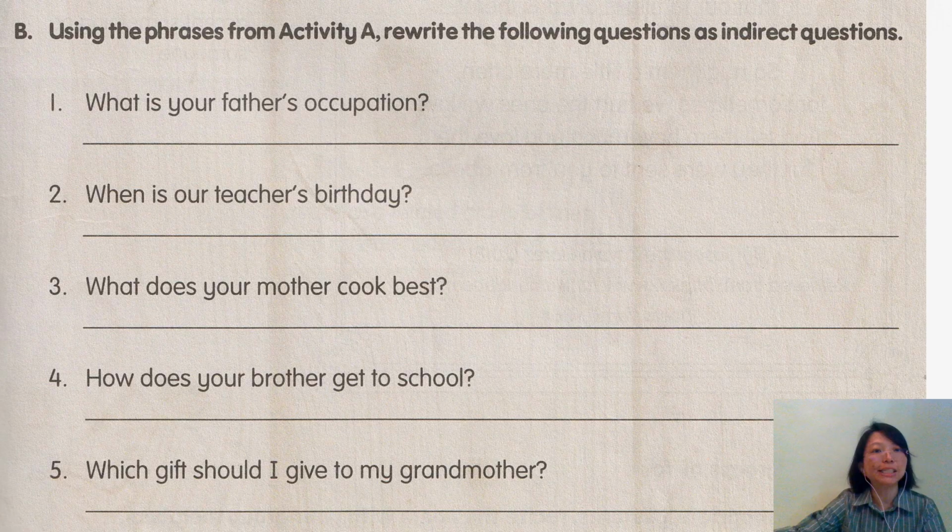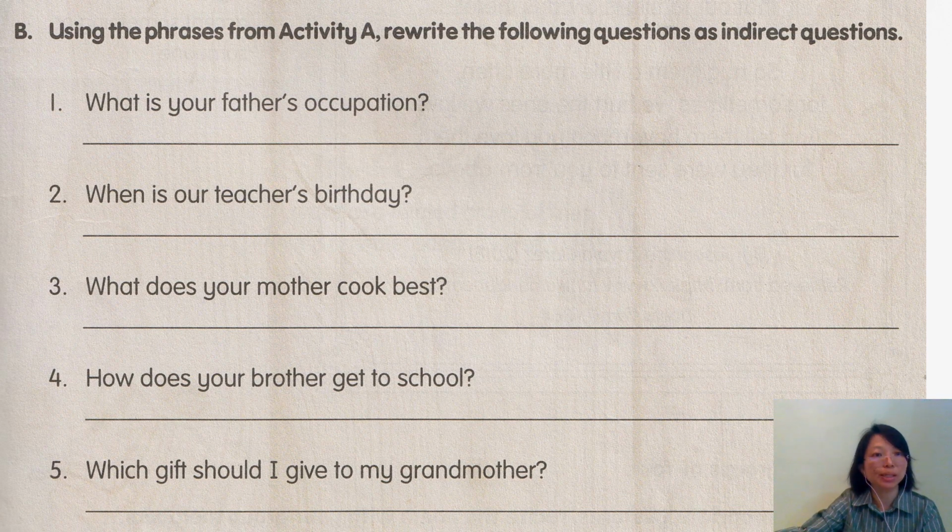So these are the answers for question number 1 to number 6 to make indirect questions. Let's look at the next exercise from your textbook. Here it says, using the phrases from activity A, rewrite the following questions as indirect questions. Now let's look at number 1.